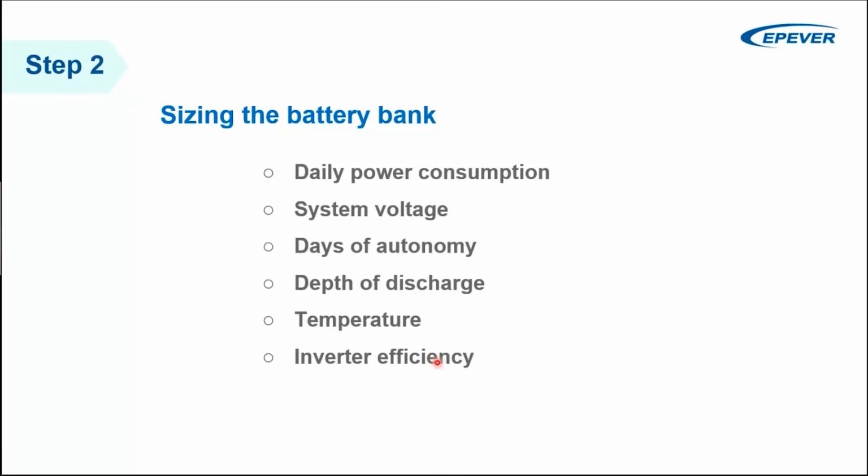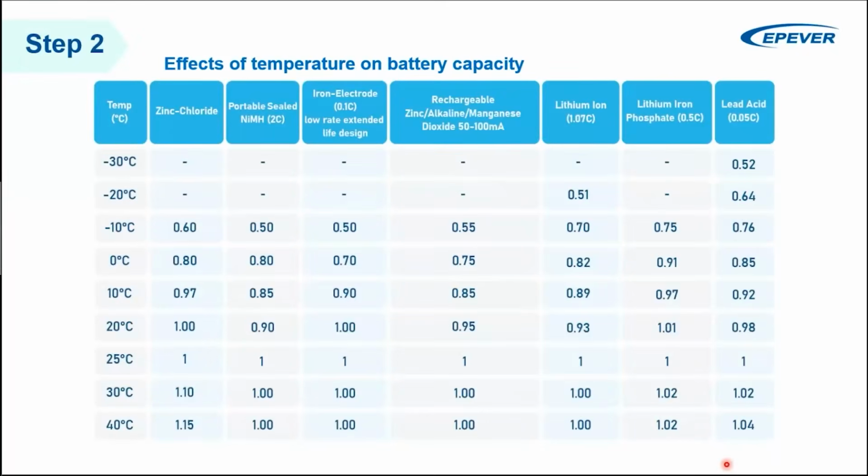Now, of course, the inverter efficiency is also important, because consider that you have provided the energy and stored it in your battery bank, but the inverter is not fully efficient. If the conversion efficiency is 90%, then you are losing 10% of what you have in your batteries. So the inverter efficiency is very important in choosing your battery.